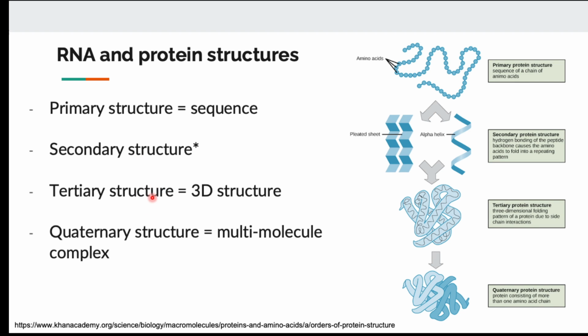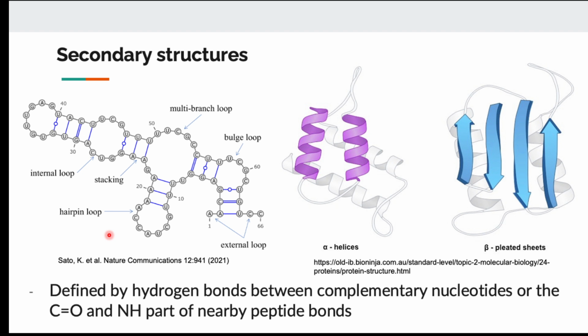We also cover a little bit about how we predict and model 3D structure: tertiary structure is one molecule, and quaternary structure is multiple molecules forming a complex. The reason I mention that secondary structure is interesting is that it's simple, but it has important function, which we will see in later slides.